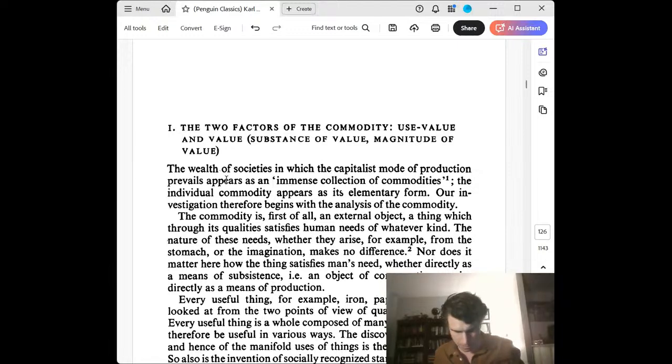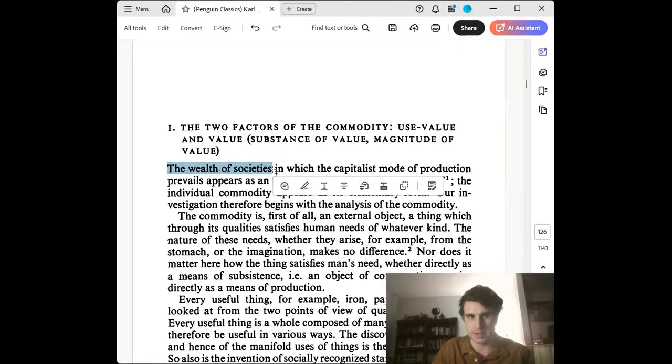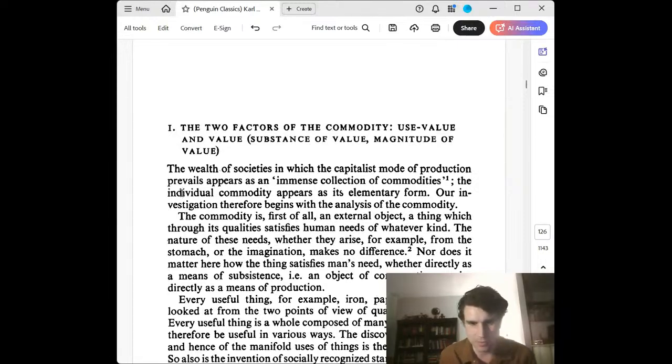Okay. So let's break this down into its steps. So first we have the wealth of societies. What does wealth mean for Marx? For Marx, wealth means the amount of use values. So think about somebody who has a lot of nice stuff, right? They've got a nice car, nice clothes, a nice watch, but they don't have any money, right?